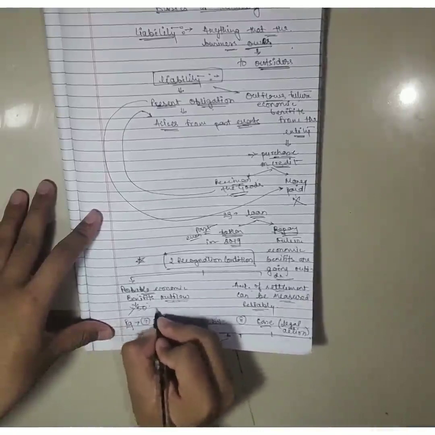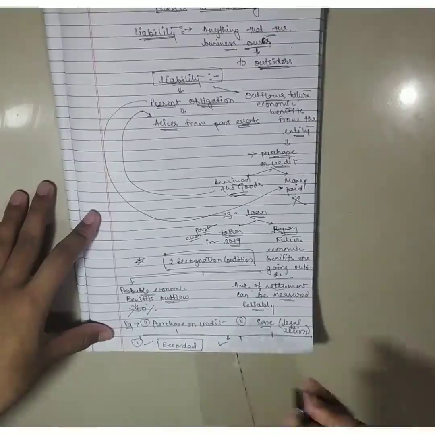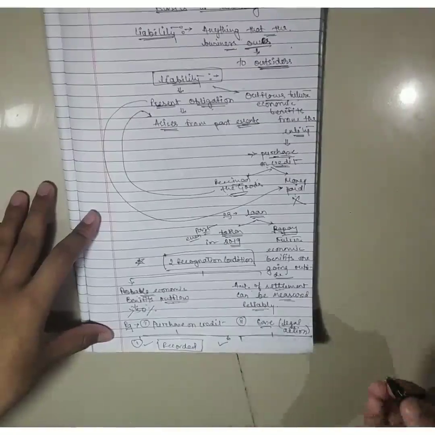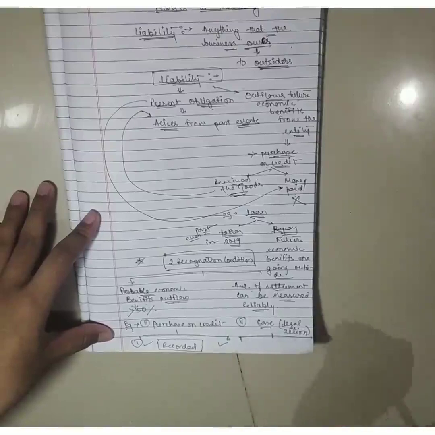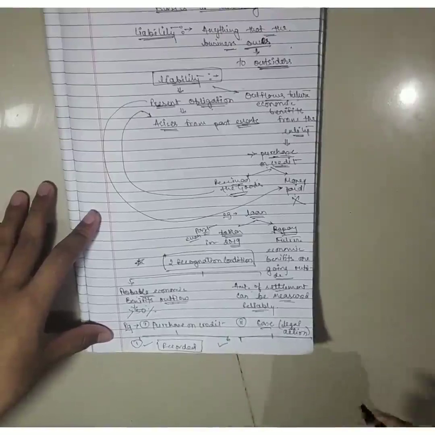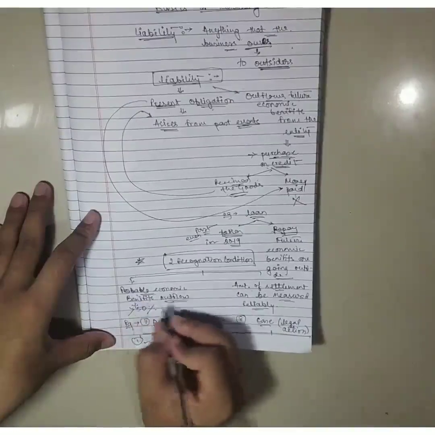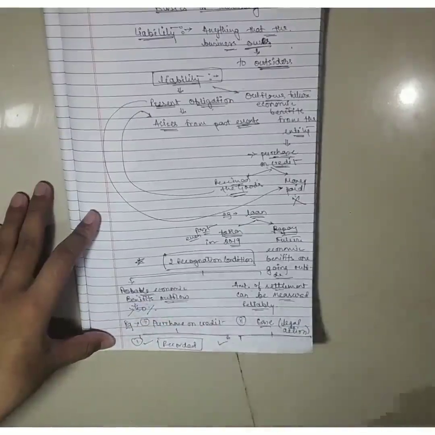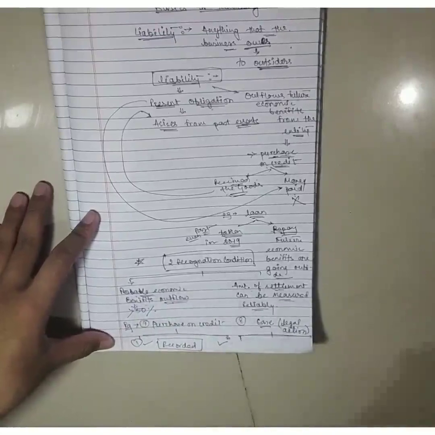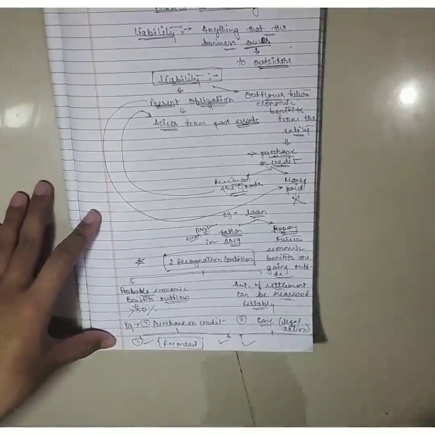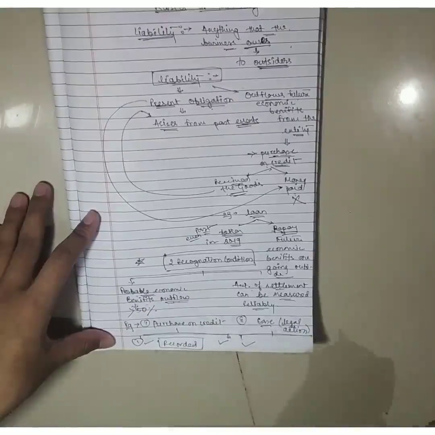The chance of losing the case is more than 50%. Got it? So suppose it is a probable economic benefits outflow. You think that you may lose the case. The opponent has more chance to win the case. So yes, this is satisfying the first condition, because probable economic benefits outflow is there.